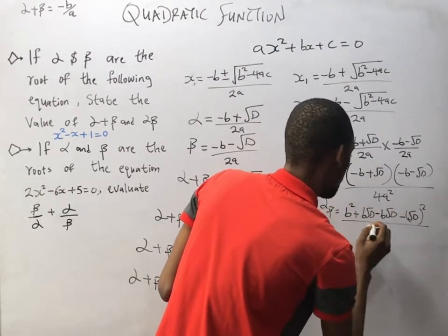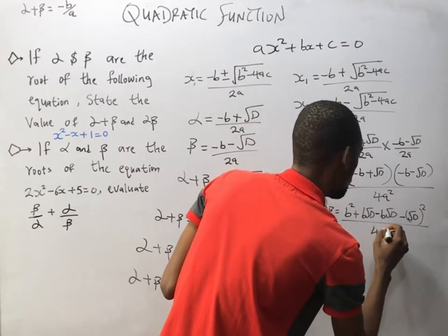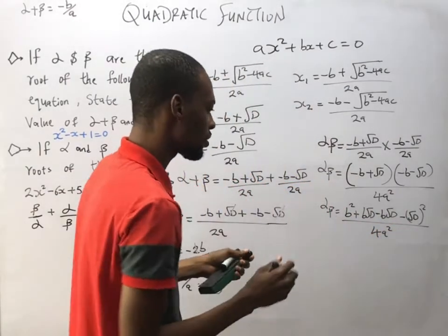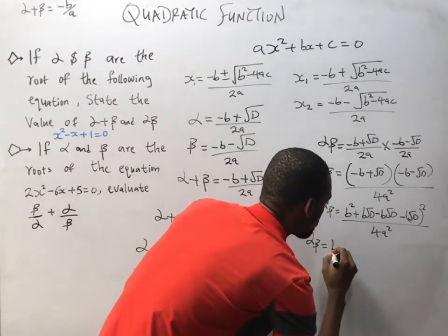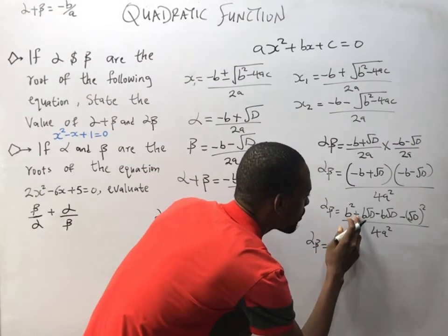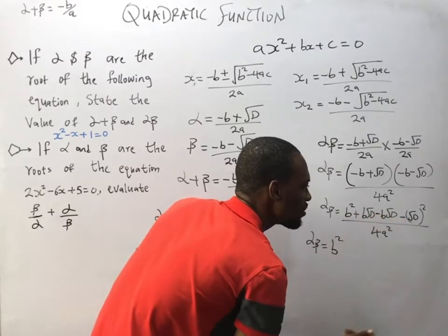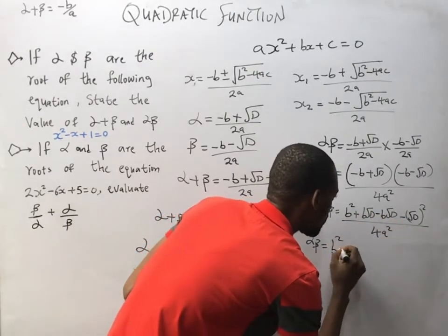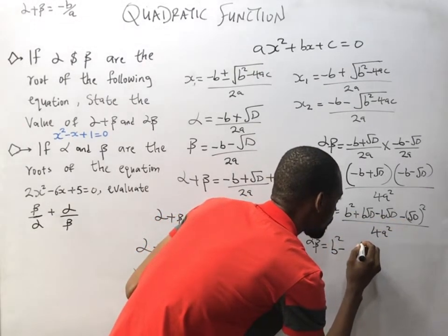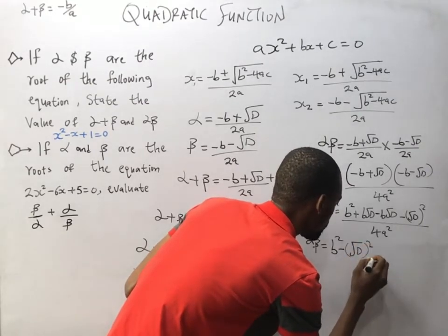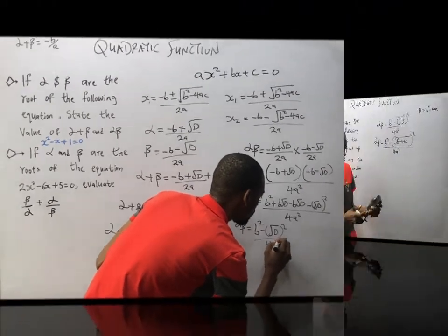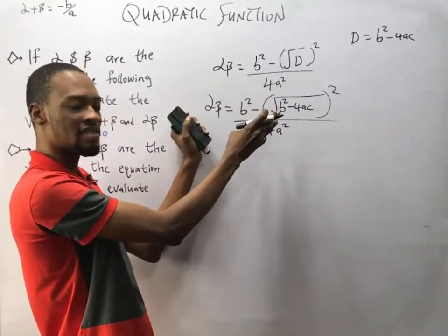All over 4a square. So alpha beta equals b square plus b root d minus b root d, which gives you 0. So it will give you b square minus root d square all over 4a square. So we're able to arrive at this, right?